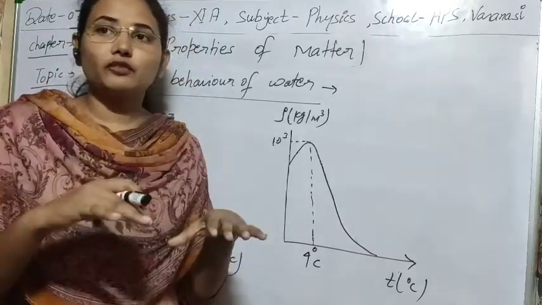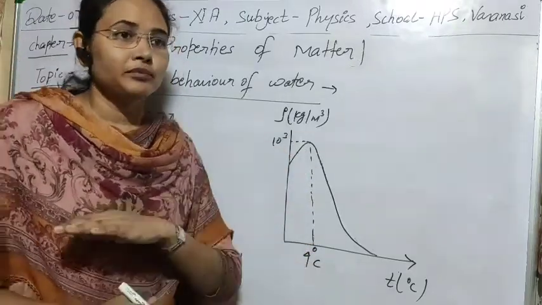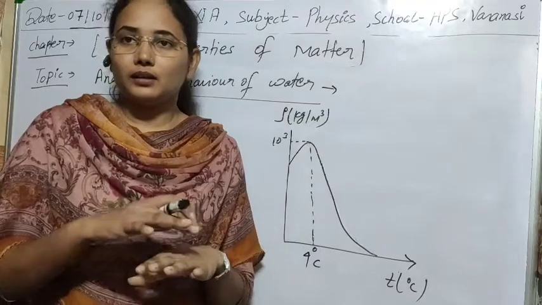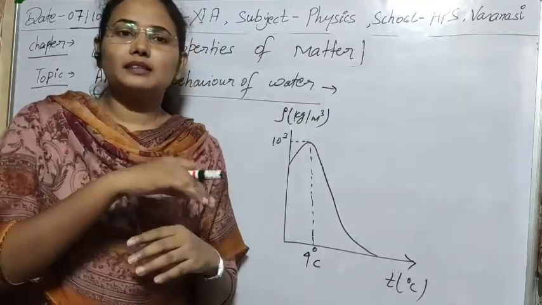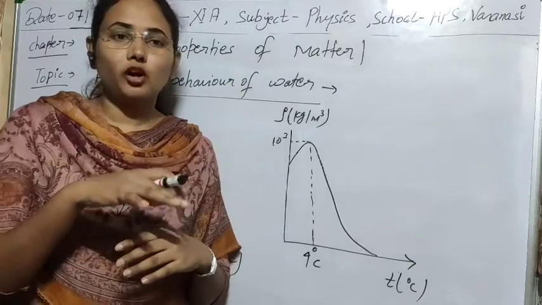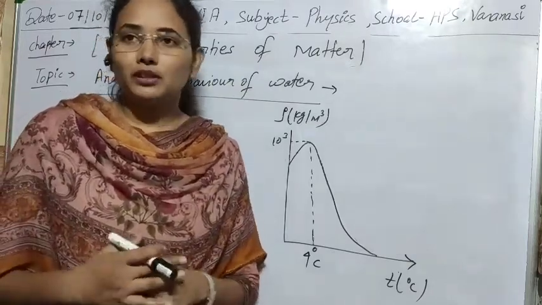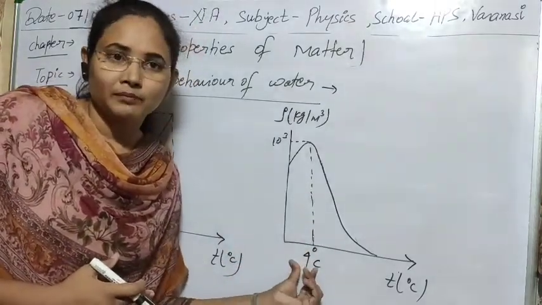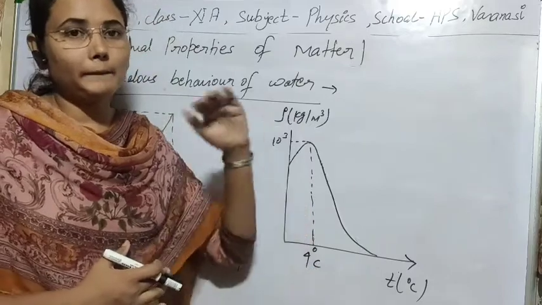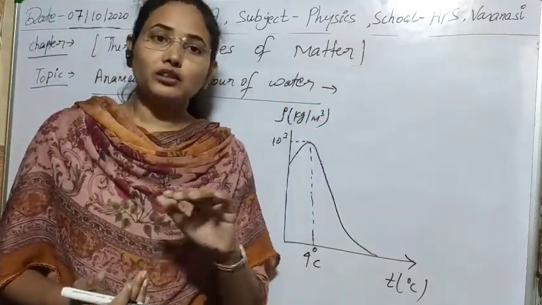The more dense liquid, the liquid at 4 degrees Celsius, easily retains itself at the bottom of the lake, and that's why the bottom of the lake has a temperature of 4 degrees Celsius, and the upper surface has a temperature equal to the surroundings.